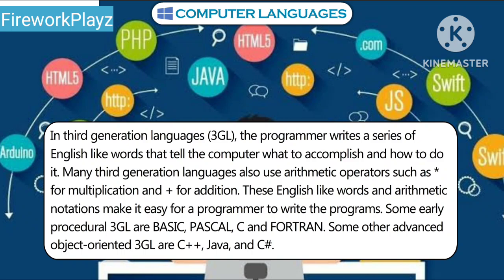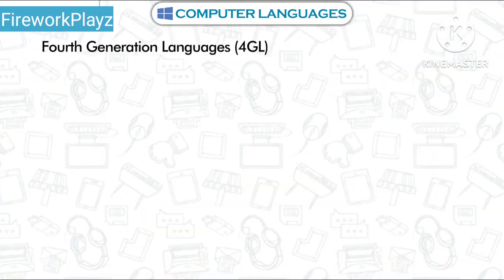These English-like words and arithmetic notations make it easy for a programmer to write the programs. Some early procedural 3GL are BASIC, Pascal, C, and Fortran. Some other advanced object-oriented 3GL are C++, Java, and C#.